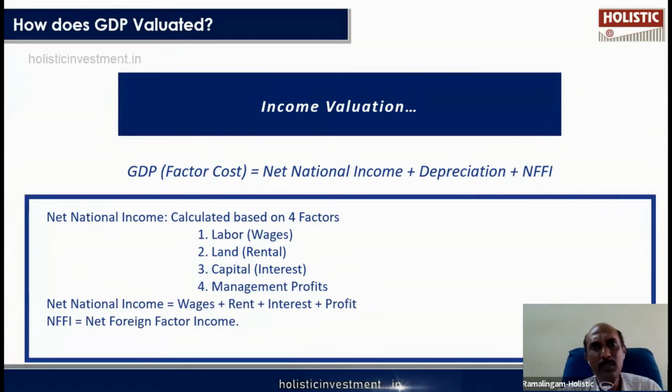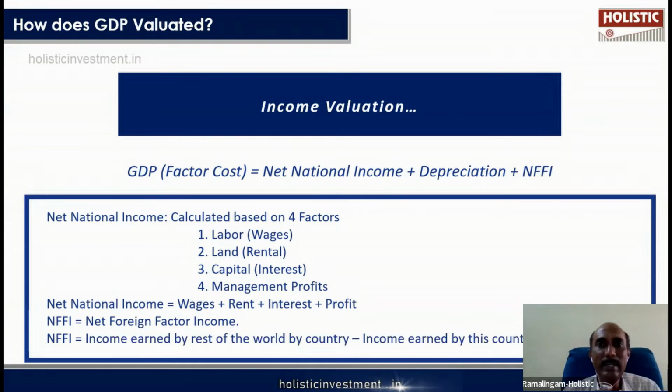Second is depreciation. Depreciation has to be added. Third is NFFI, net foreign factor income. Net foreign factor income is nothing but the income earned by the rest of the world in our country.